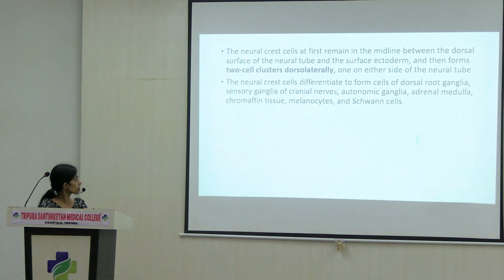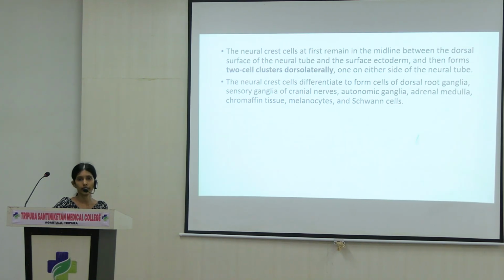The neural crest cells at first remain in the midline between the dorsal surface of the neural tube and the surface ectoderm, and then form two clusters. First it will move in the dorsolateral aspect, and later that dorsolateral mass will divide into dorsal mass and ventral mass of your neural crest cells.